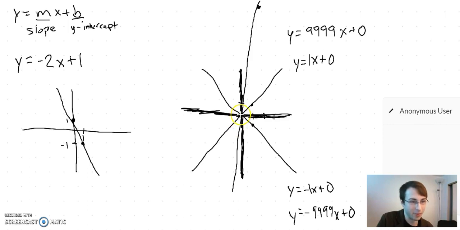So now when we go over 1 unit this way, we go down to negative 9,999. And we draw that. So yeah, that's how you graph equations. Yep, that's all.